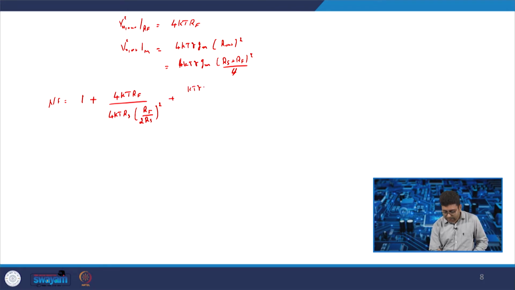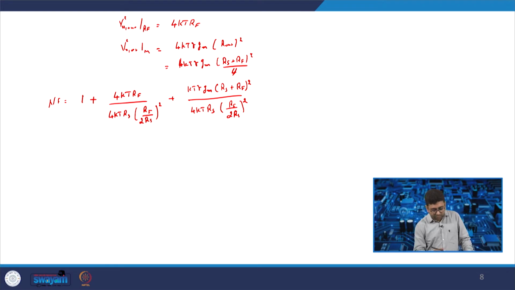kT gamma gm RS plus RF square by 4 kT RS into RF by 2 RS square. Because this has a 4, 2 square is 4, so we can cancel this out.